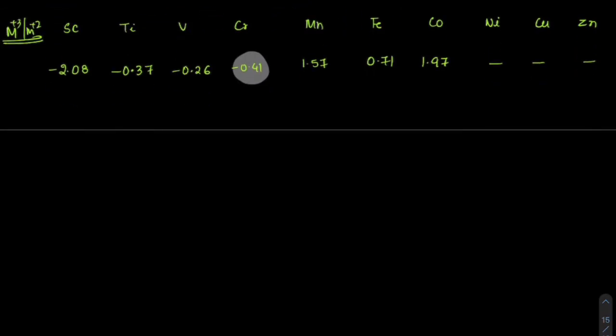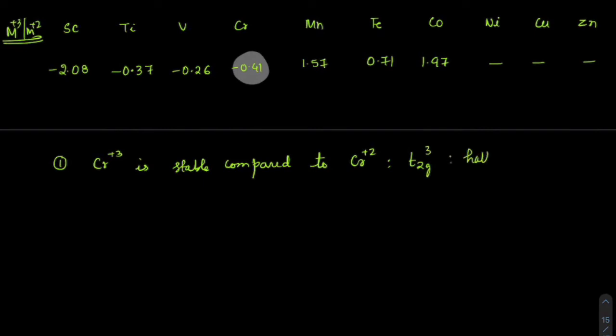At the start we learned that Cr plus 3 is stable compared to Cr plus 2 because it gets T2G3, which is a half filled stable configuration. This is where we started today, oxidation state for chromium, right? So this is the reason.